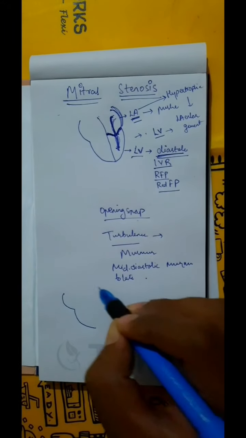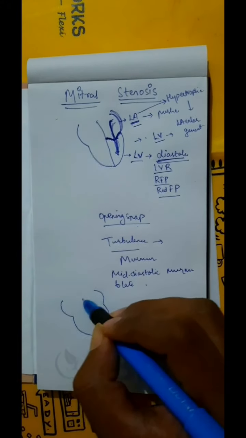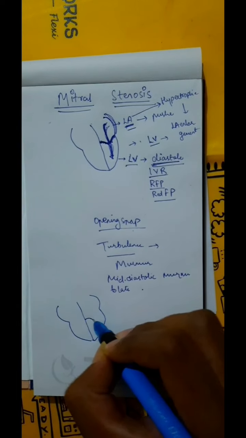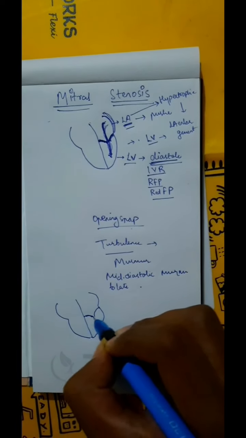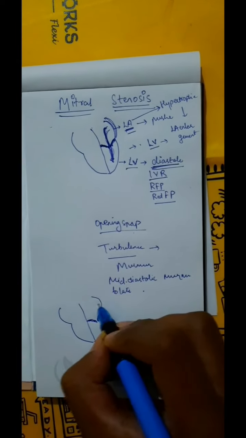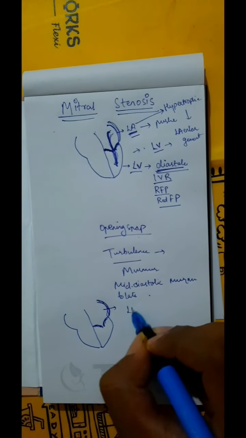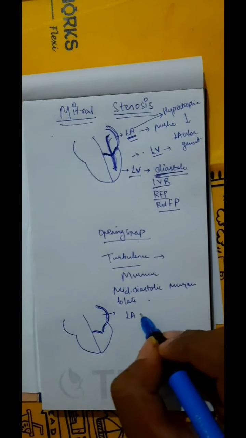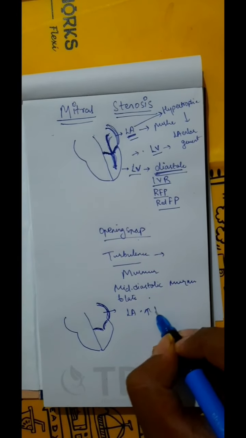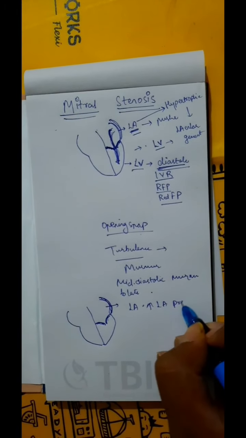Now we are going to see one more concept. Because of this mitral stenosis, as we know, there is left atrial hypertrophy, left atrial enlargement, and increased left atrial pressure.